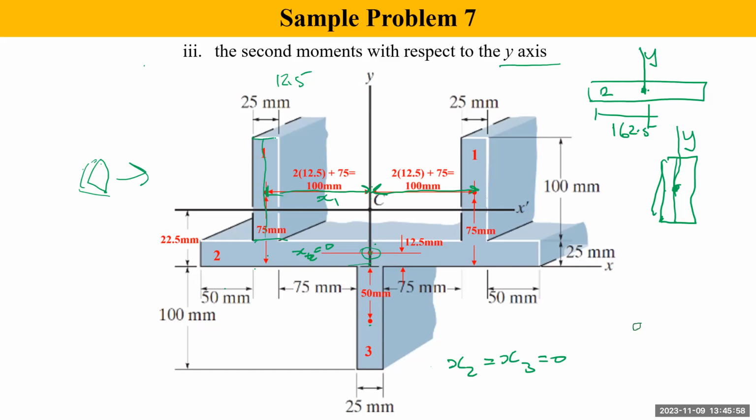Can somebody tell me the breadth for segment 1? I want you to identify b and h. What's the breadth? 75, and the height is 25. Come again. I want my breadth and my height.